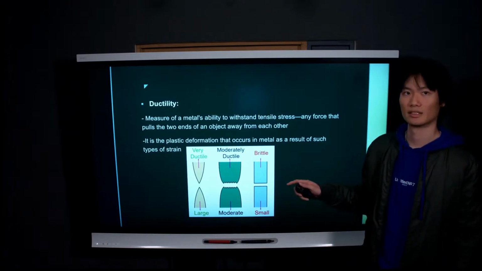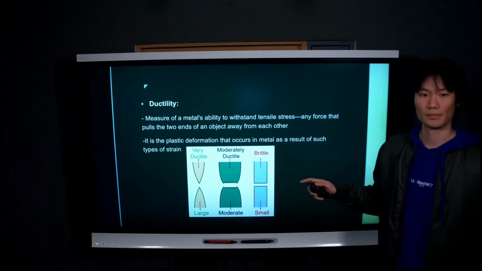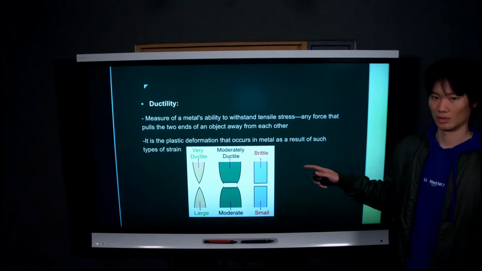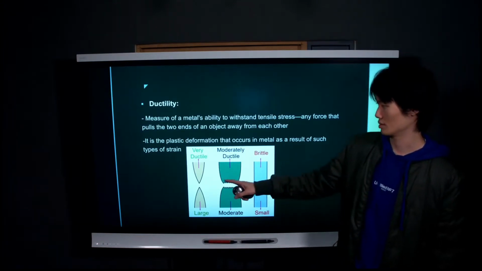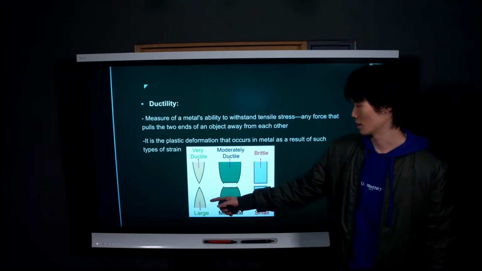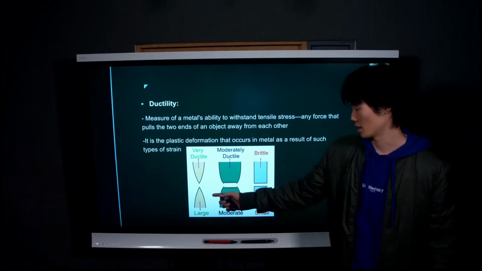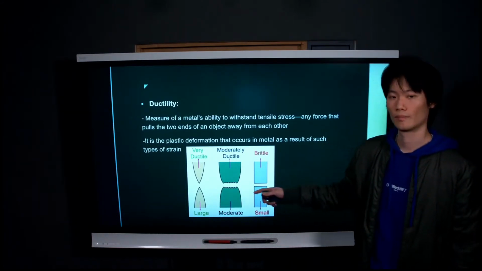Ductility is a measurement of a metal's ability to withstand tensile stress. So the more ductile it is, the pointier the breaking point is.